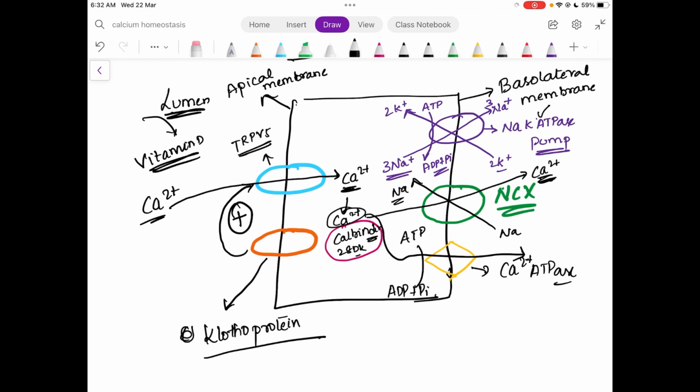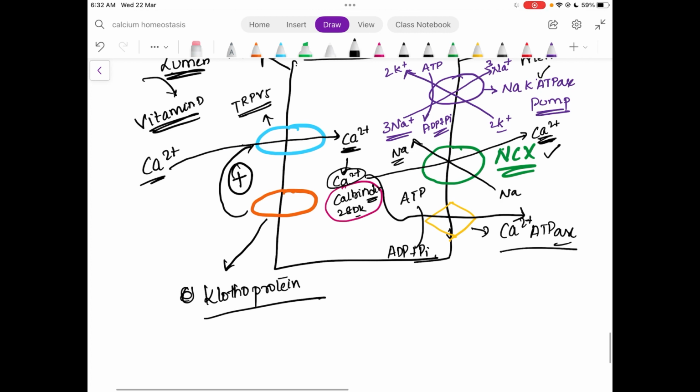The absorption of calcium is helped by the sodium potassium ATPase pump, sodium calcium exchanger, and calcium ATPase pump. So this absorption of calcium in the distal convoluted tubule is an active transport mechanism, that too a secondary active transport mechanism.